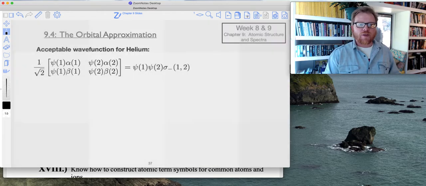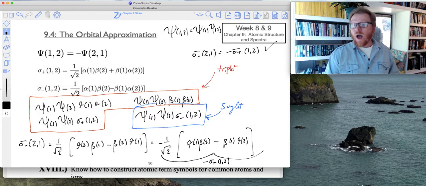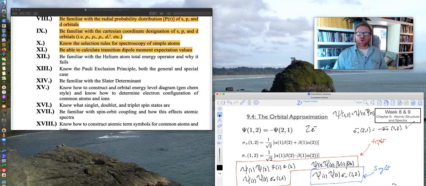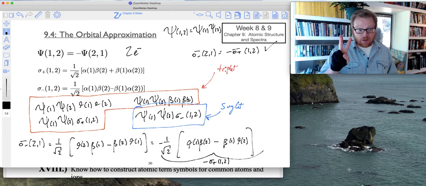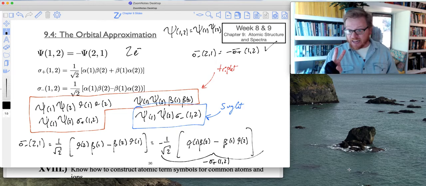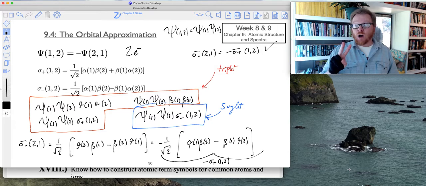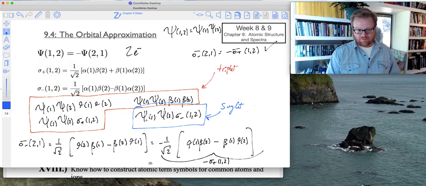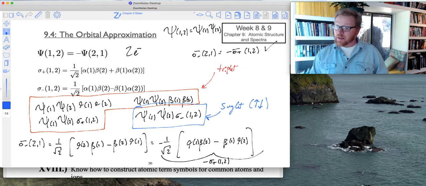So what does all of that mean? Well, what that means is when we have a two electron system, we get two, count them, two possibilities for spin states. Those possibilities are a singlet, which I've highlighted in blue, and that singlet, the sigma 1, sigma 2, sigma minus 1, 2, is the only acceptable wave function to describe the spin pair.